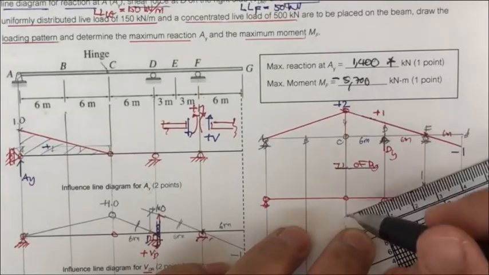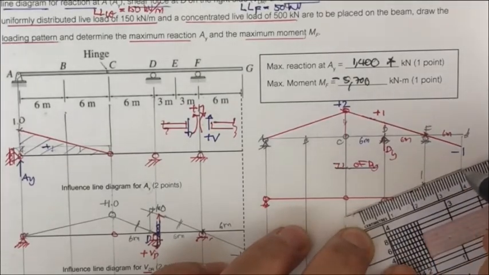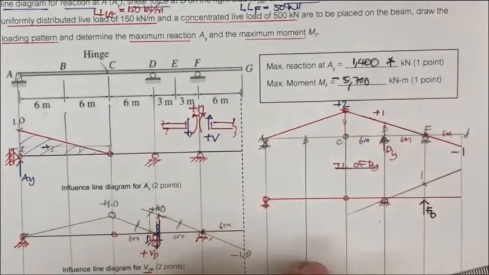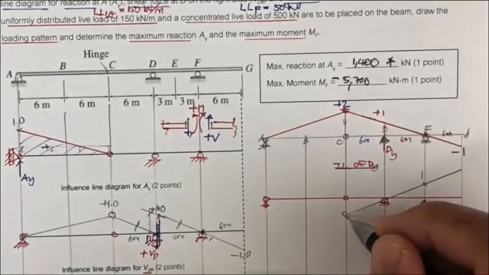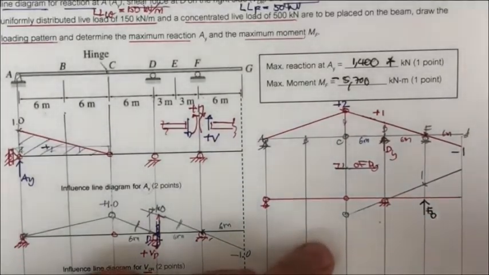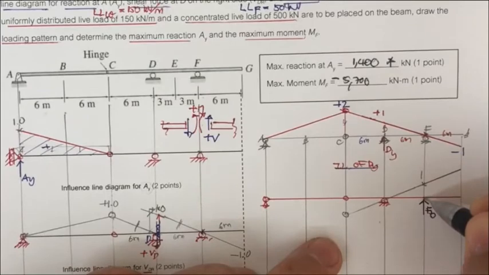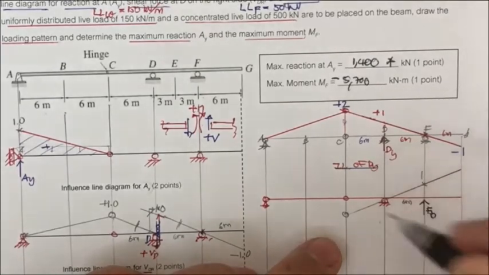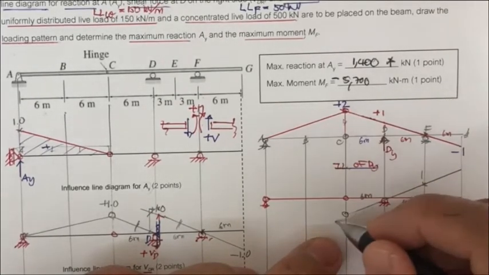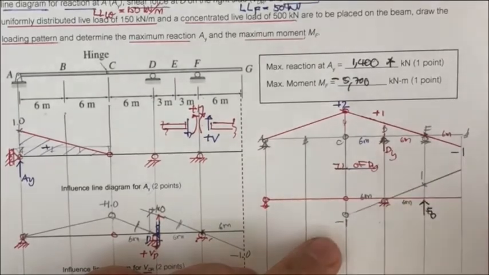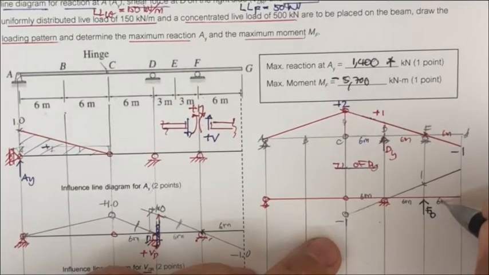This one is going to move up like this, and you get this line. Okay, it's going to be linear, and this one is going to be downward, and this is 1 unit. This is 1 divided by 6 meter. This is 6 meter, so this one is going to be -1. And again, this one is 6 meter. This one 1 divided by 6.